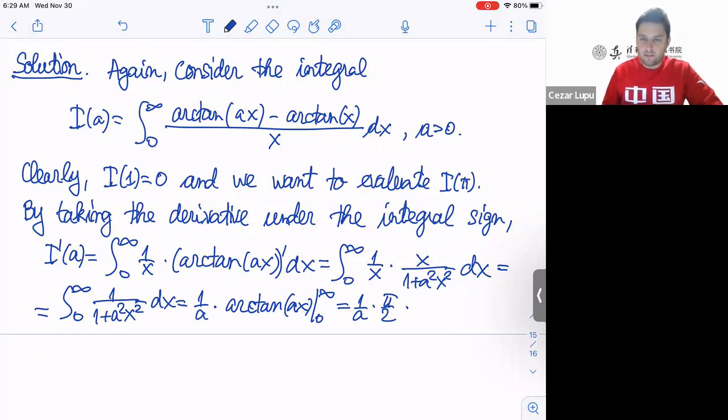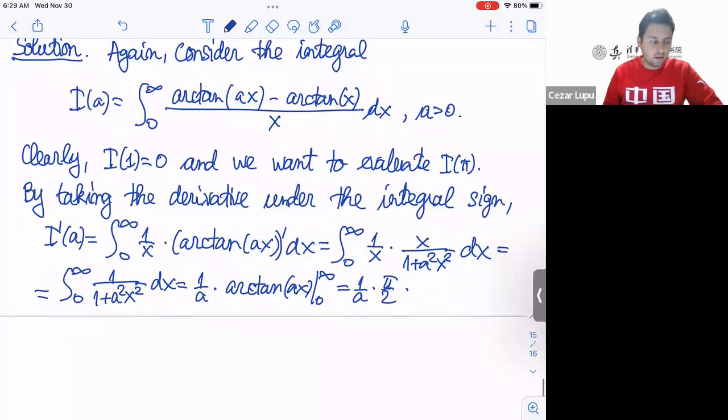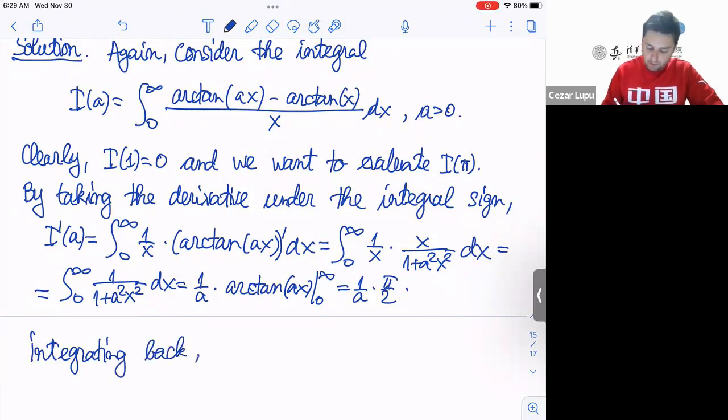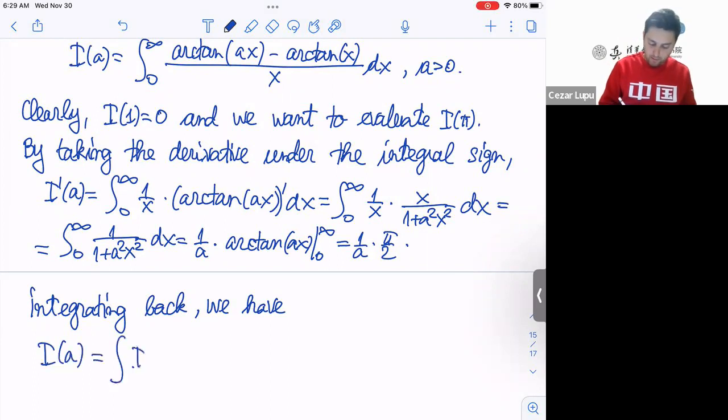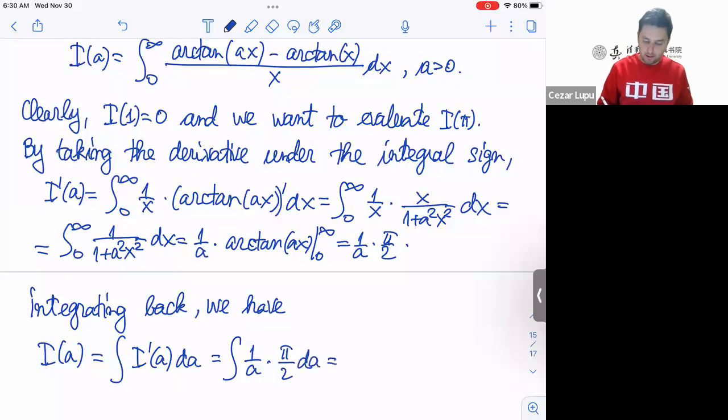So now, basically, we just integrate back. I of a is the integral of I prime of a da, which is the integral of 1 over a times pi over 2 da. And now we're just going to do a bunch of computations.